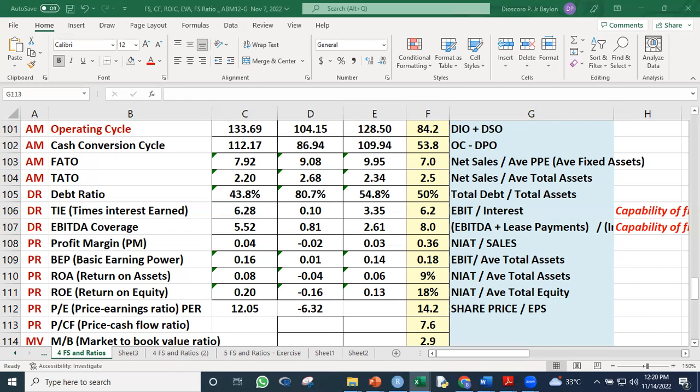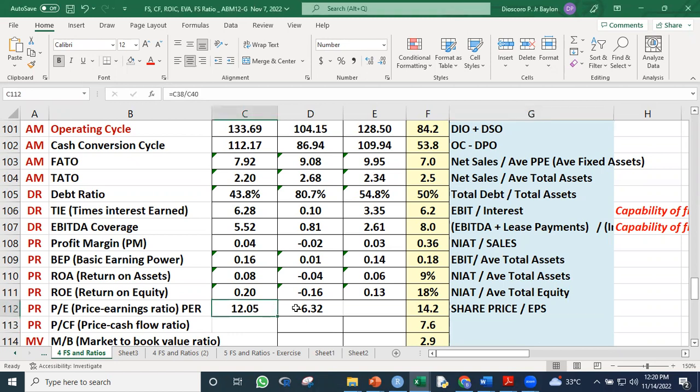But of course, financial analysts would not stop there. They look holistically at the other ratios, the prospects, the potential for the company to grow, and the potential for the company to generate cash flows in the future. That is what they look at, because you can't look at just one.